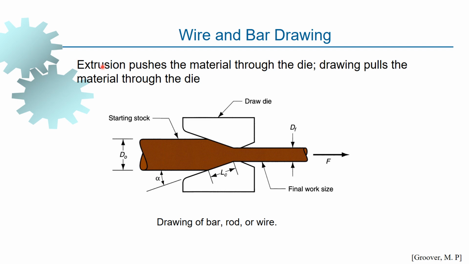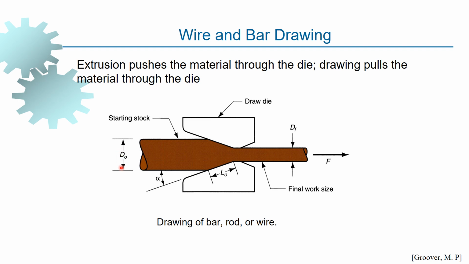So what are the mechanics of the wire and bar drawing process? The starting stock, normally a rod, has for example diameter D0. It is passed through a die which has an angle alpha, and the material is pulled from the other side. That's why tensile stress is applied.